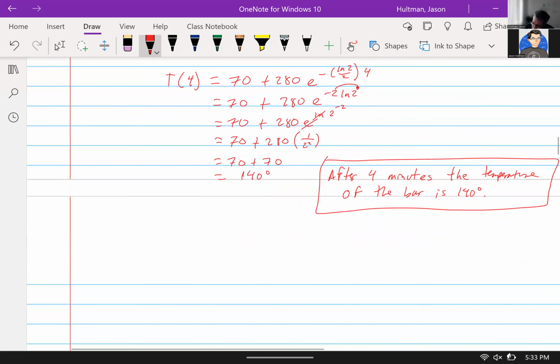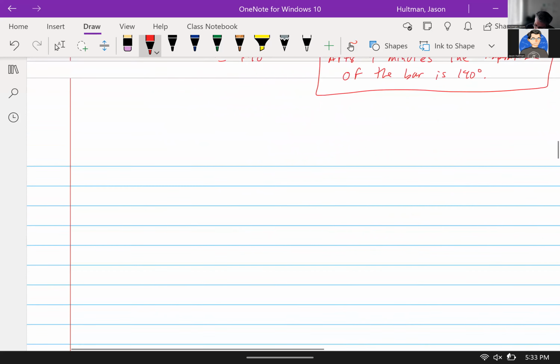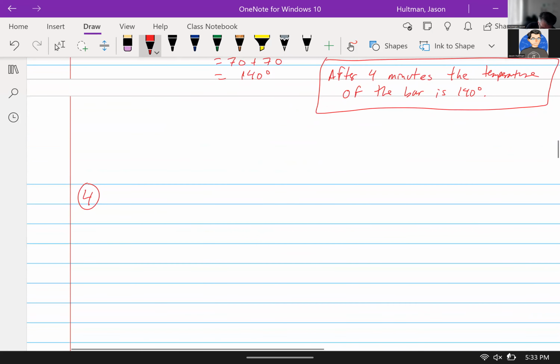Okay, let's do one last example for this section. Okay, number 4. Solve y prime equals 9x e to the 3x over e to the y plus 4y squared.